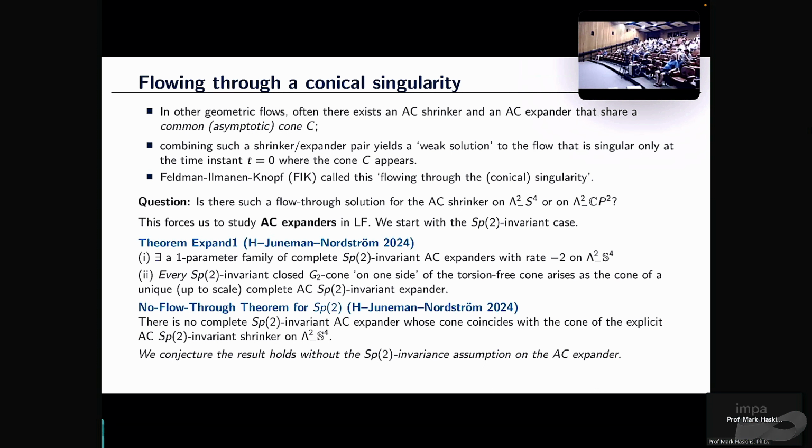We don't know whether this holds without the symmetry assumption, but we think that maybe that's the case. And if that's the case, then this suggests that to continue the flow, you really do have to consider continuing it as something singular. Okay, so then the answer turns out to be different. We conjecture the answer is different for CP2, but because of time, I think I will just stop there. Thank you.